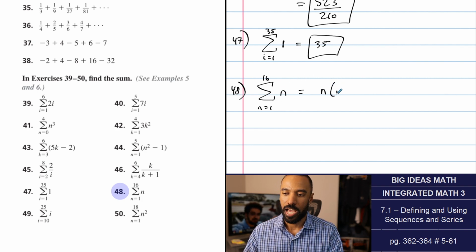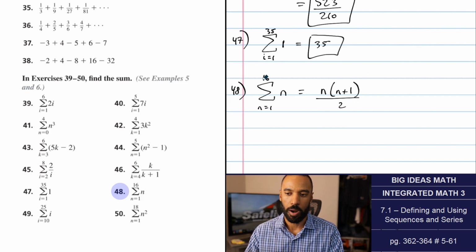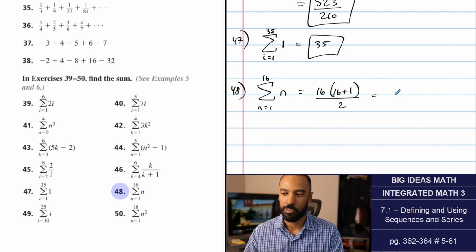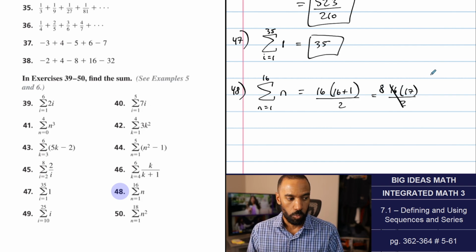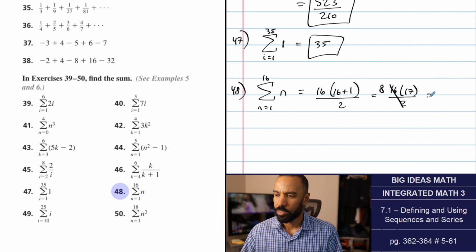You do n times n plus 1 all over 2, and those n's represent this value here of 16. So we're doing 16 times 16 plus 1 all over 2, or 16 times 17 over 2. 16 over 2 is 8. 8 times 17 is 136.